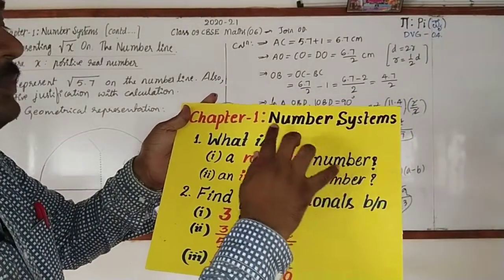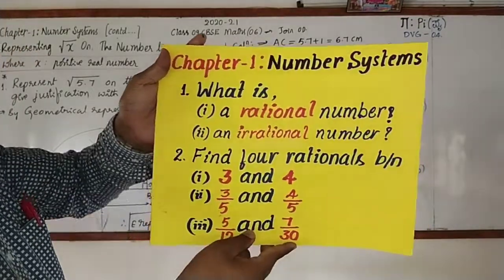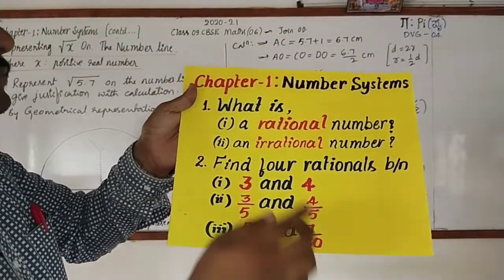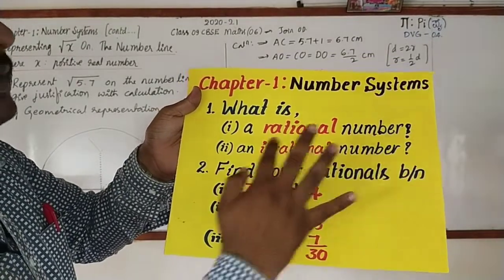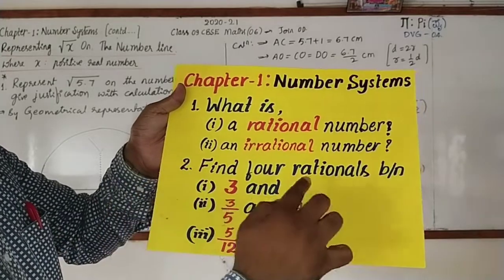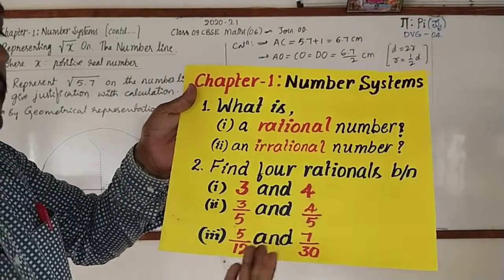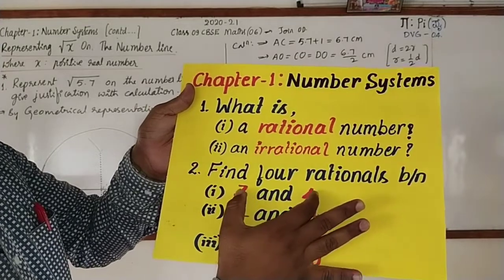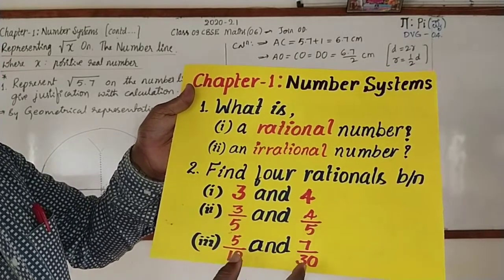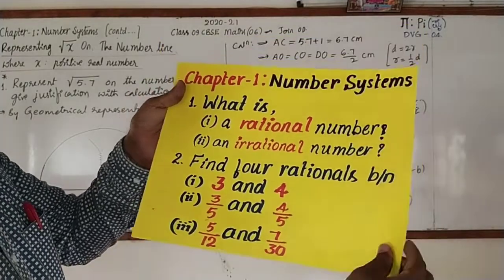The number system, that is the name of the chapter. Here, the very first question, it is, what is a rational number? And another one is an irrational number. This is one point. Second question is, we have to find out some rationals between given rationals. I have given natural numbers, then fractions, then with the fractions with the different denominators.